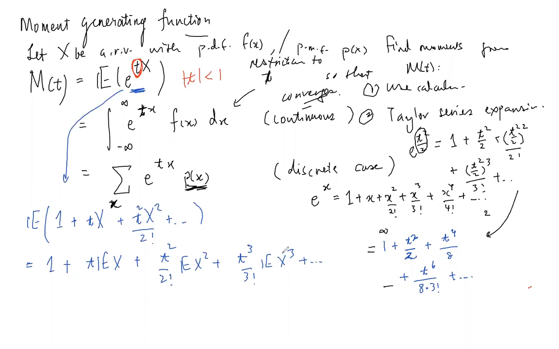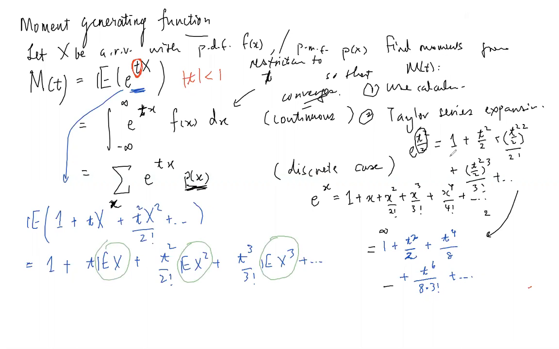So basically, you can read off the moments by looking at the coefficients. So you can see here, this is the third moment. So it's the coefficient of t to the power of 3 over 3 factorial. Okay. All right.